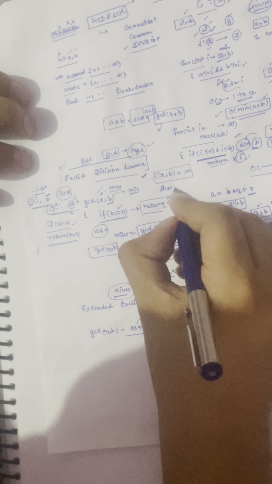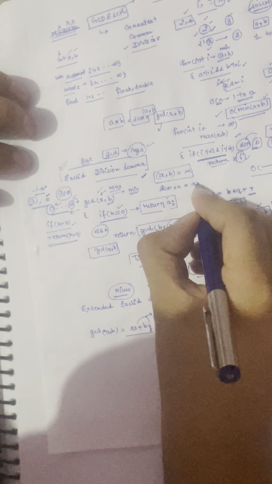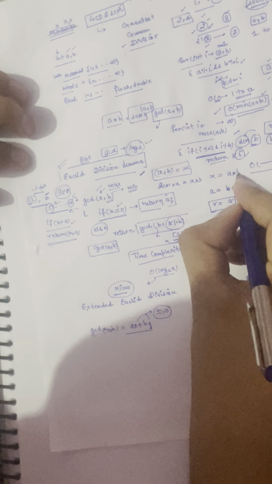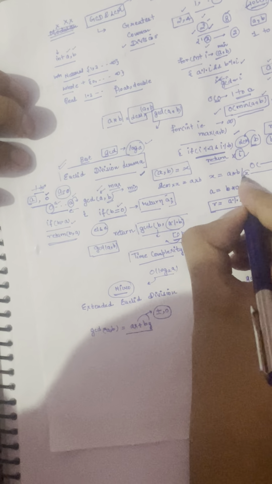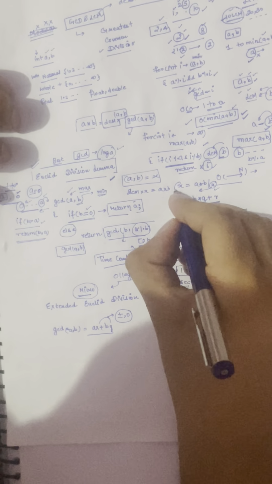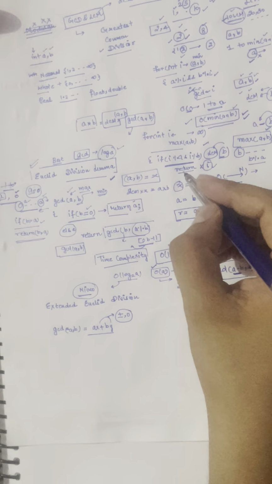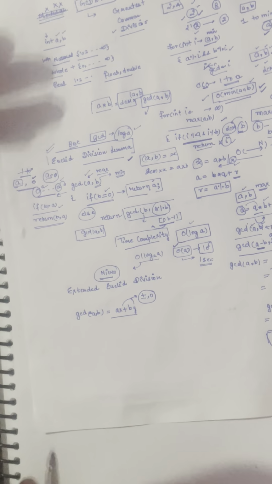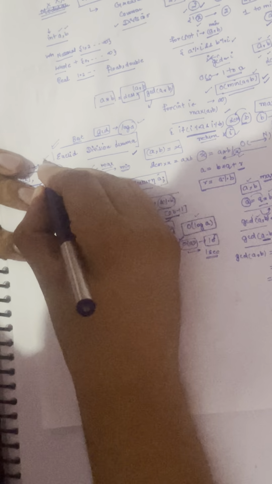LCM into x is a into b, so LCM is a cross b divided by GCD, which is x. So if we are able to find the GCD in log n time, then we would be able to find LCM in log n time also. So this is one thing which I wanted to discuss.